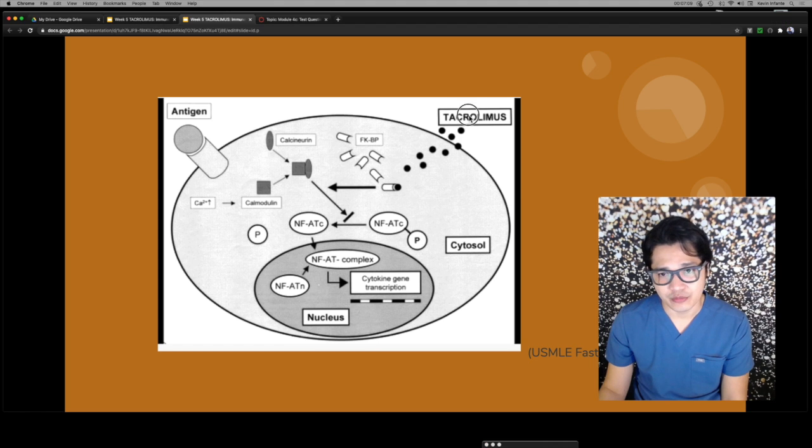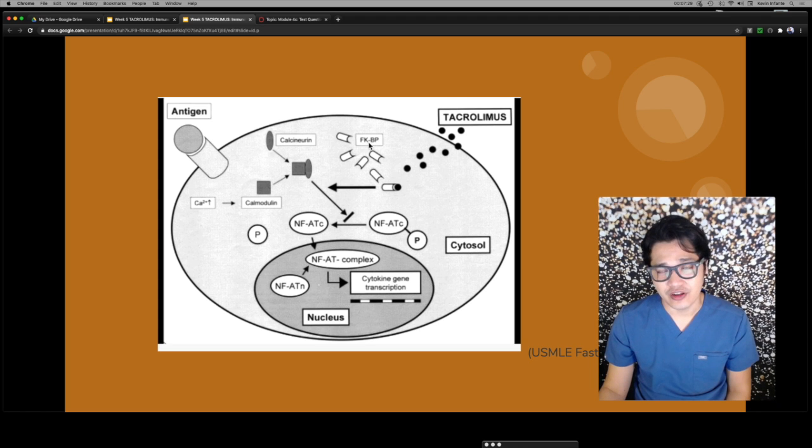This complex of Prograf and FKBP interferes with the activity of calcineurin. With the dephosphorylation interfered, T cell proliferation is halted. Prograf also has some inhibitory B cell actions, but to a lesser extent.